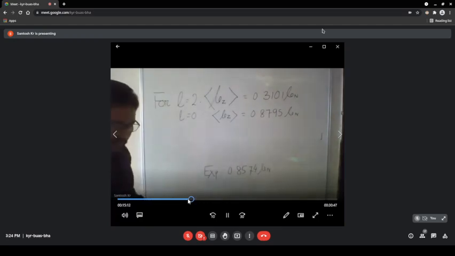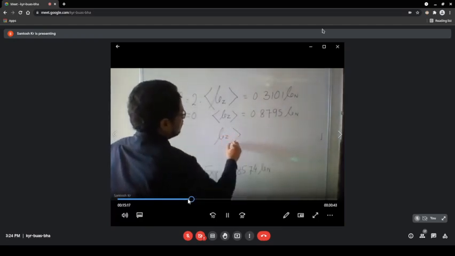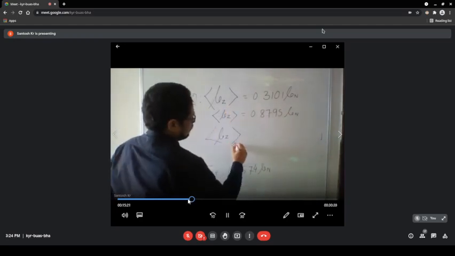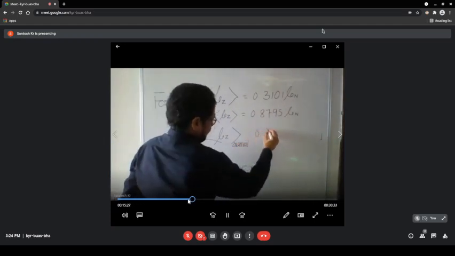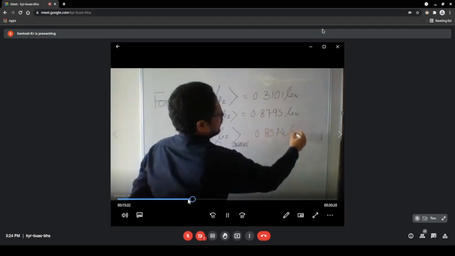And what is the observed value? You can see the observed value, 0.8574 nuclear magneton.